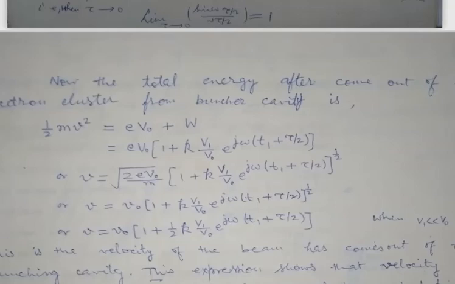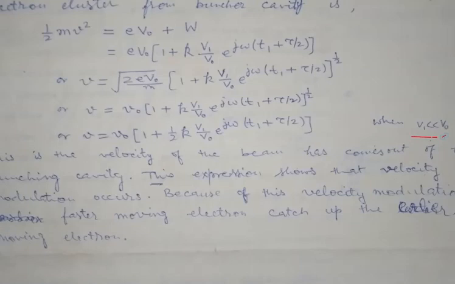Since signal voltage V1 is very small as compared to the DC potential V0, when we expand this, the higher power terms may be neglected, and finally we get the equation v equal to v0 into 1 plus half k V1 over V0 e raised to the power j omega into t1 plus tau by 2. So this is the expression for the velocity modulation.